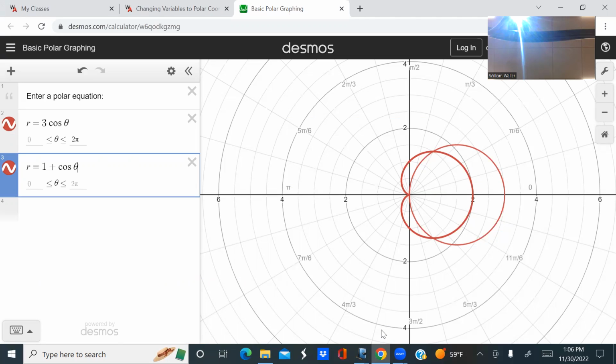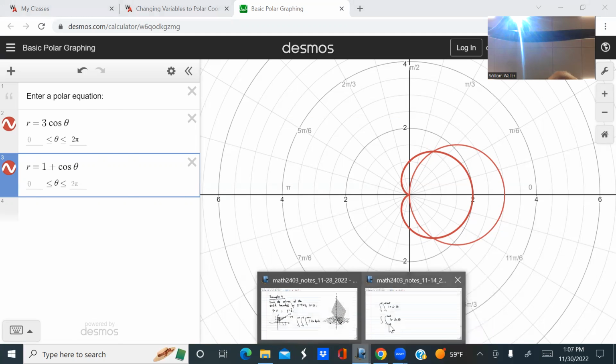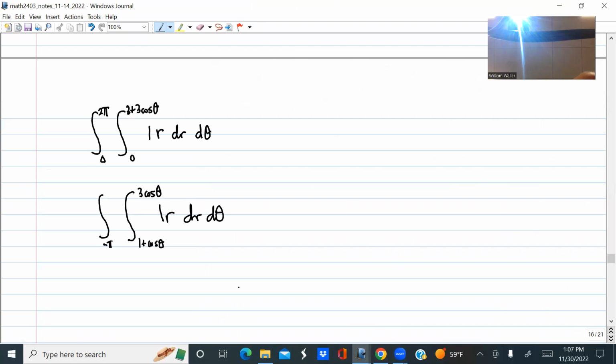Yeah, it looks like between pi over 3 and minus pi over 3, because this is minus pi over 3 if you look on the polar graphic. The angle down to this point is minus pi over 3. It's symmetrical, so it's up to pi over 3. So it's the angle between this line and this line. I'm guessing that's the right limits. Let's write those down. So we think this is minus pi over 3 up to positive pi over 3.